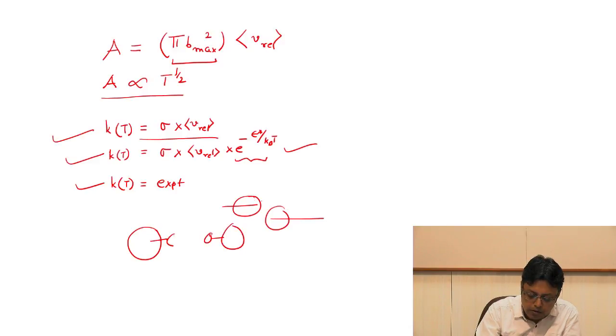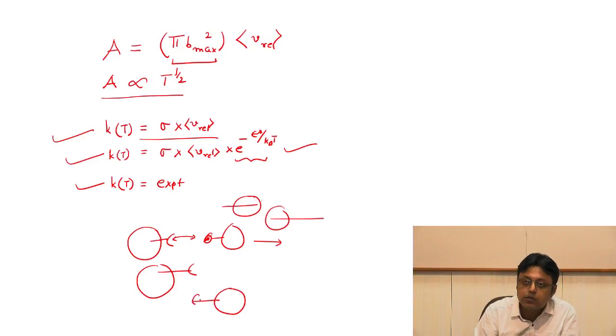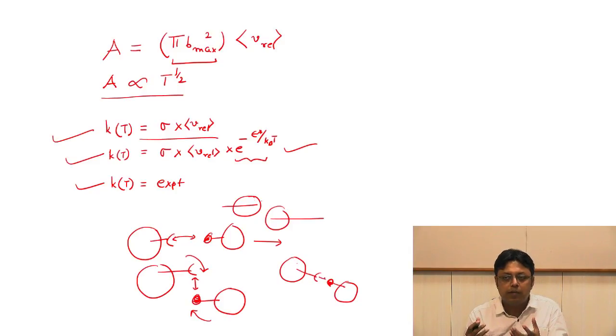If I have a head-on collision, these two will react together to give a reaction. But suppose I have a collision like this, then although the two hard spheres collide, these two groups are not actually coming in contact with each other. However, if I had rotated it, even though they are still colliding, when they collide these two groups will come in contact, and then the reaction will happen.